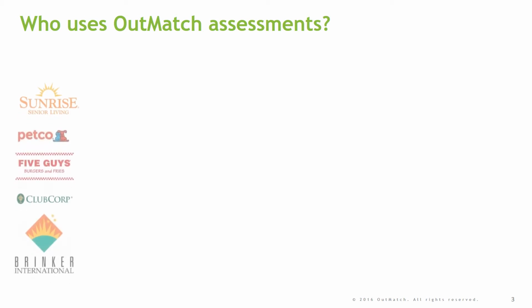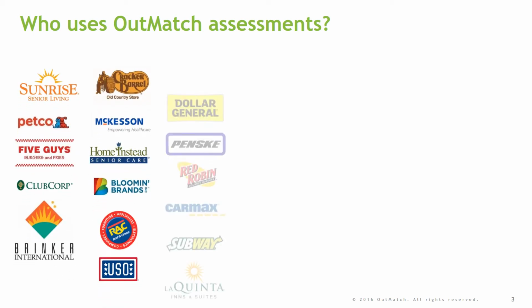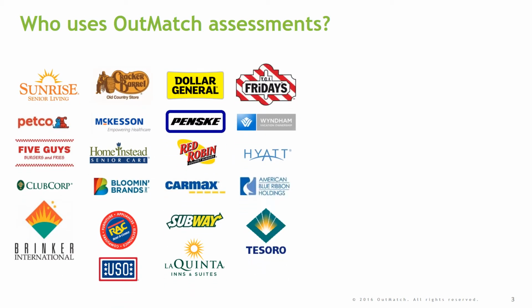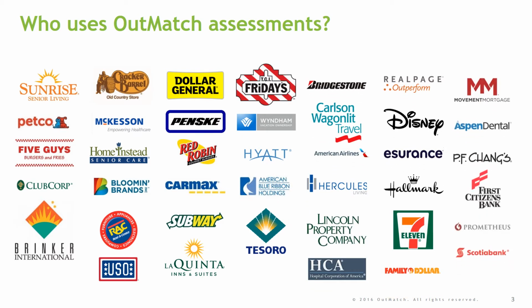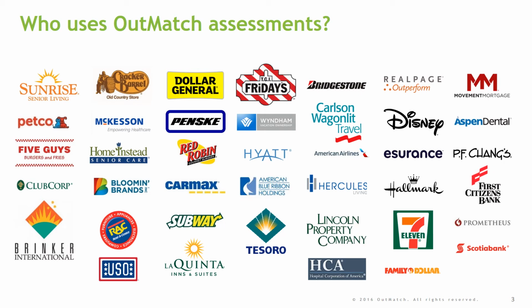So you may be wondering, who uses OutMatch assessments? Well, as you can see from the slide, there are quite a few. OutMatch is proud to partner with a variety of clients across industries to provide talent management solutions. We primarily assist large, decentralized organizations with high-volume hiring needs in hospitality, restaurant, retail, and large sales teams.